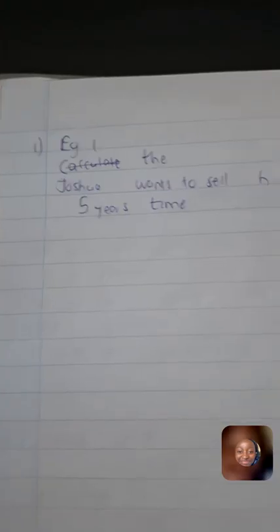We are told the rate of depreciation is 14% per annum, and the car's current value is 60,000.